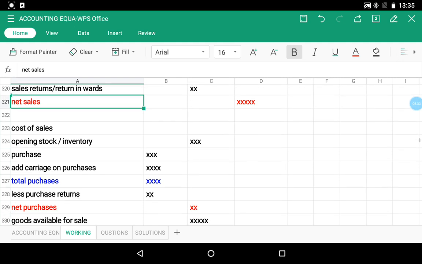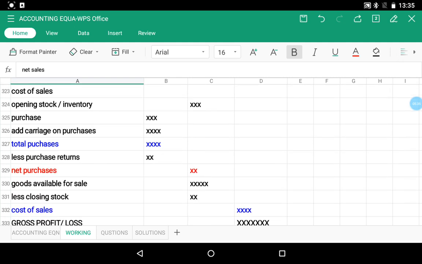Now we continue. We get cost of sales. Here we are following the formula where net sales less cost of sales gives gross profit. But we want to know what is under cost of sales. Remember these things, we talked about them in the previous video on the trading account.